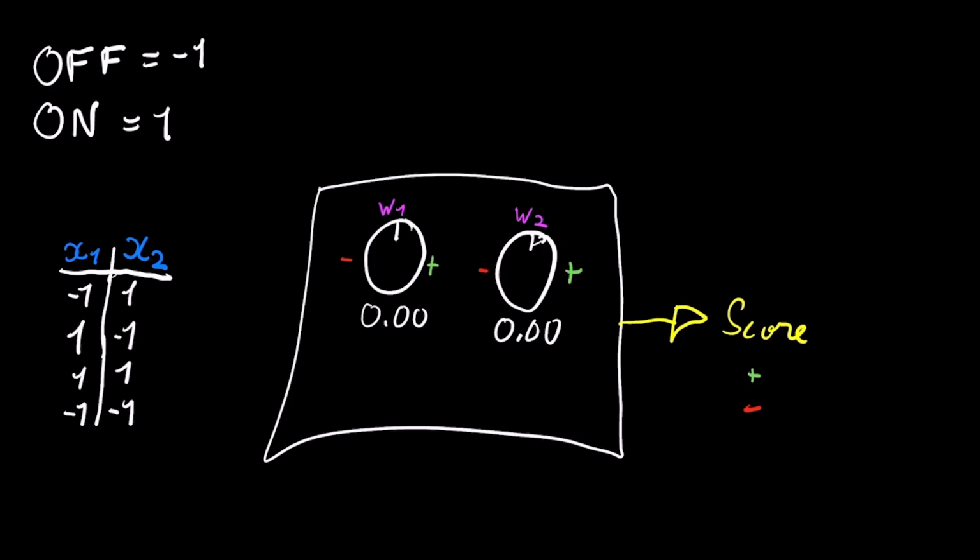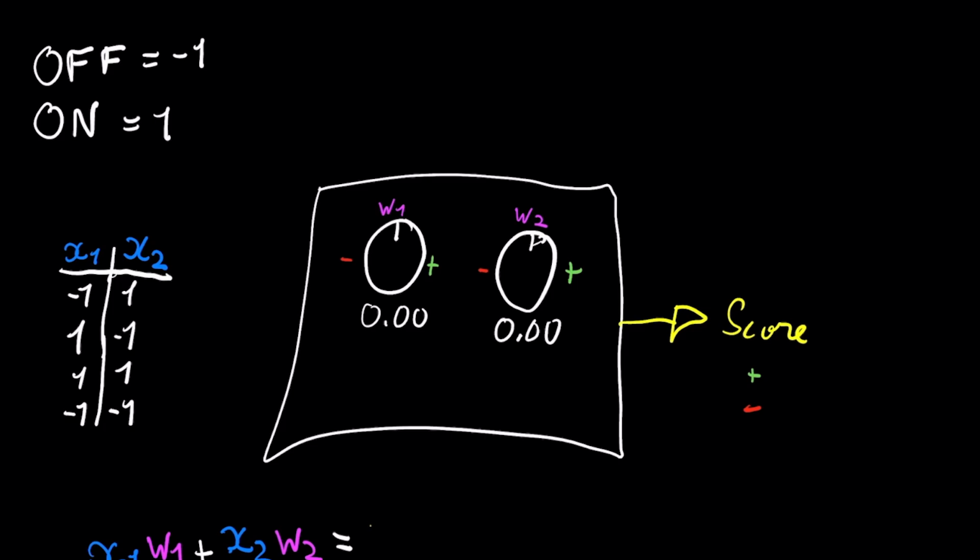We can formalize this in a very simple formula, which is basically just our first input multiplied by our first weight plus our second input multiplied by our second weight is equal to the score for that given input.